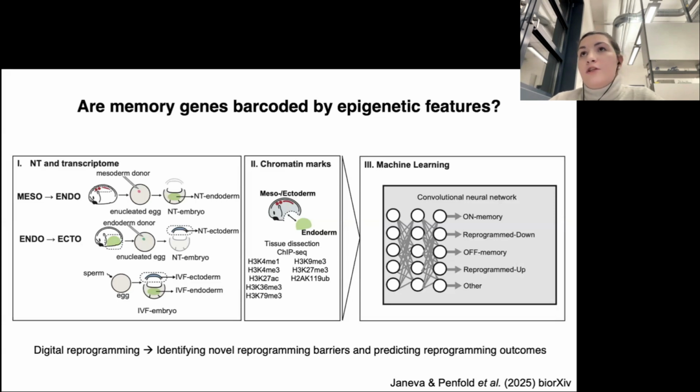So with this, we developed digital reprogramming, which is a machine learning based tool which can identify novel epigenetic barriers to reprogramming and predict reprogramming outcomes on a transcriptome level.